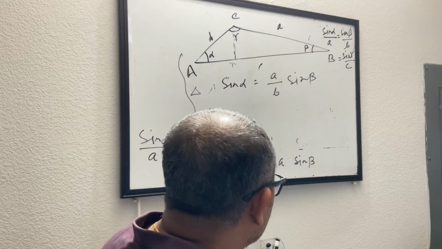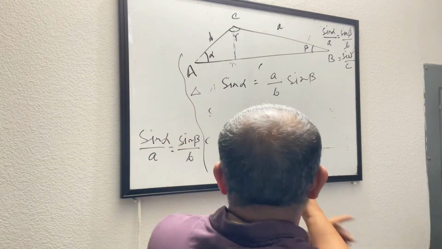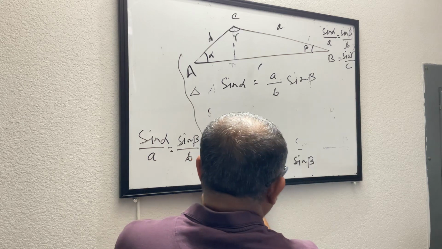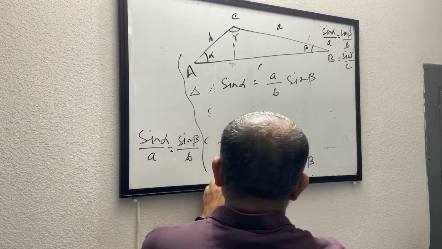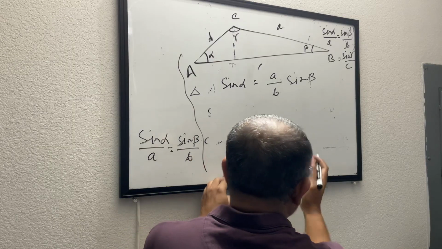So see, this is the butterfly thing. I had B times sine alpha equal to A times sine of beta. So I'm just moving this guy. Whatever is a multiplication here goes to the other side and becomes a division.